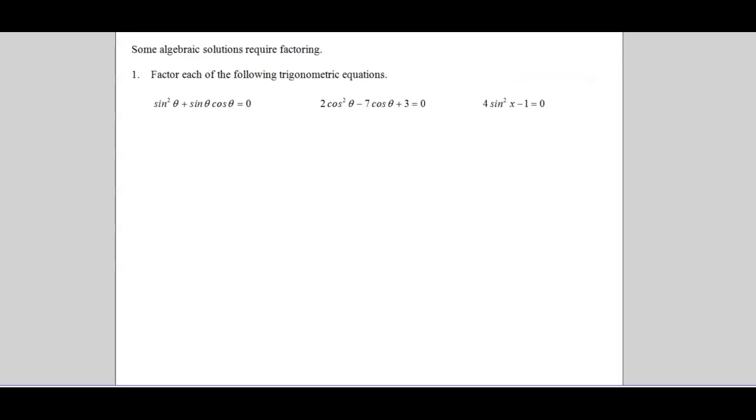So yours says factor, and there should be expressions. Okay. So look for a common factor. In the first one, there's a sine theta in both terms. Factor it out.